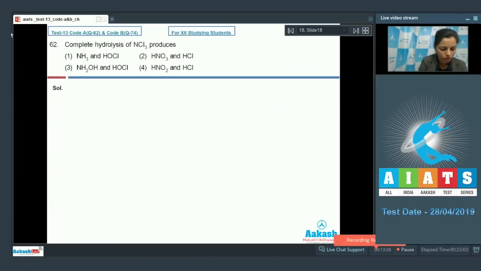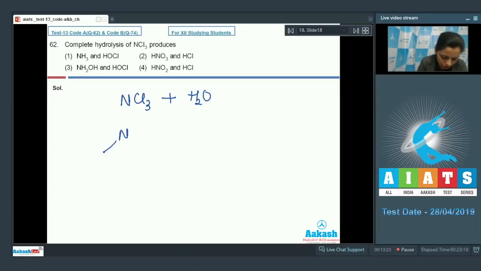Question number 62. Complete hydrolysis of NCl3 produces. If I talk about NCl3, in this case H2O you are adding here, that can be represented in this way. Here is the lone pair of electron on nitrogen.